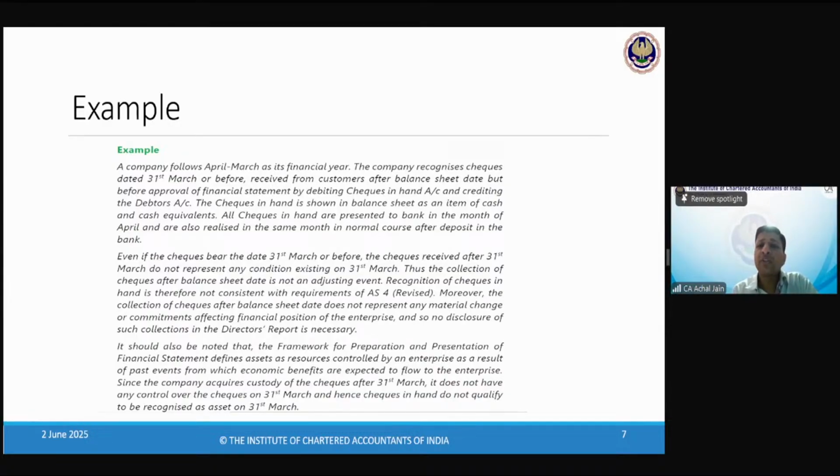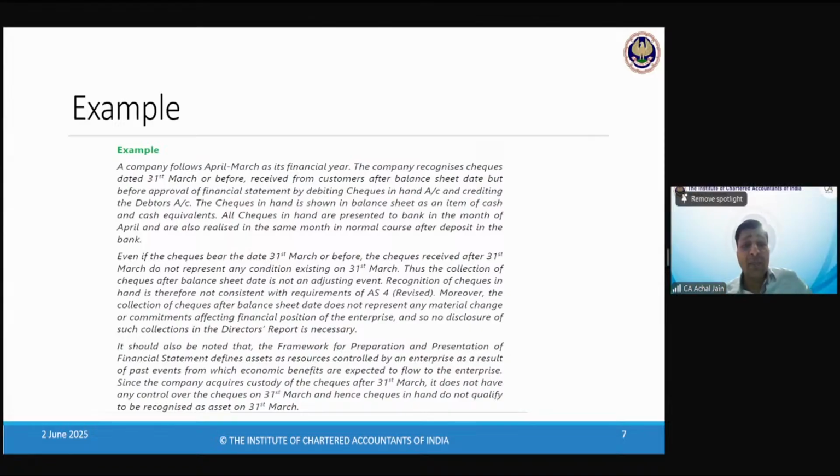Checks in hand is shown in the balance sheet as an item of cash and cash equivalent. All the checks in hand are presented to the bank in the month of April and are also realized in the same month in the normal course after the deposit in the bank.